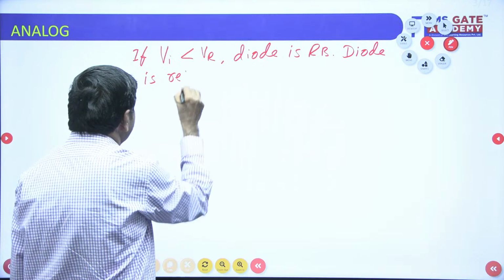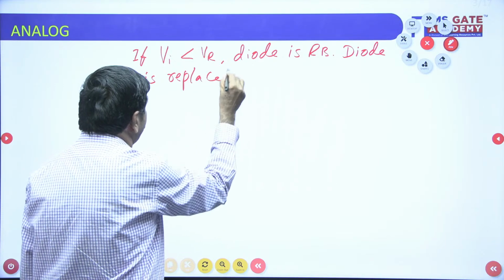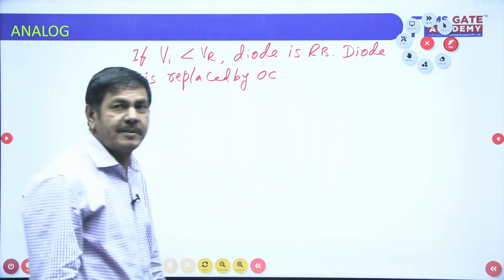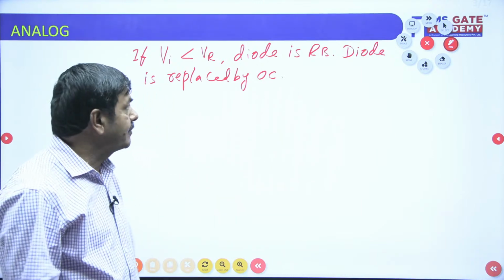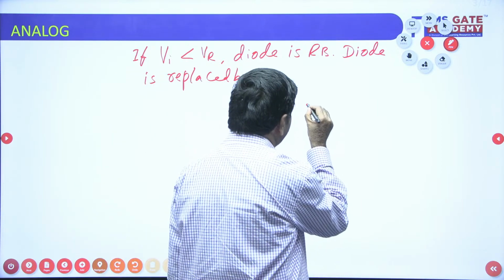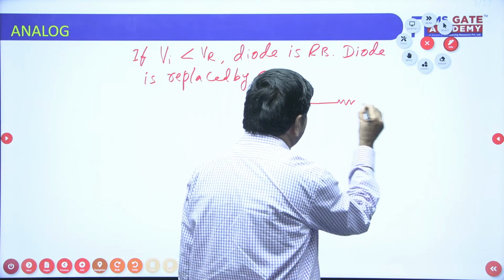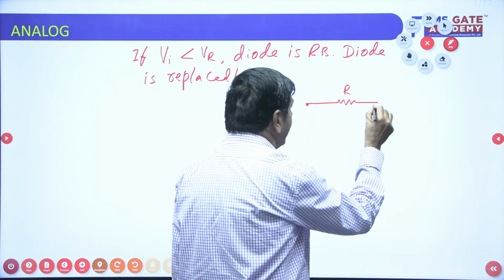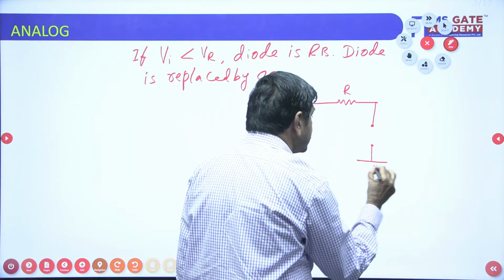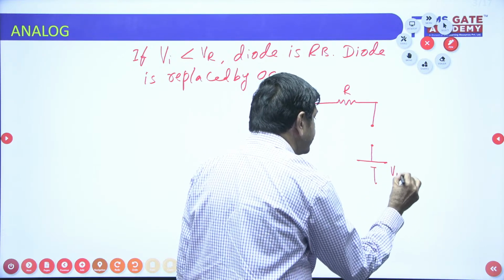Using these concepts only, problems will be done in clipping circuits. Understand my point? In this case, how can we draw the diagram? There is a resistor R, and here the diode is open circuited. There is a source, which I want to put as it is.